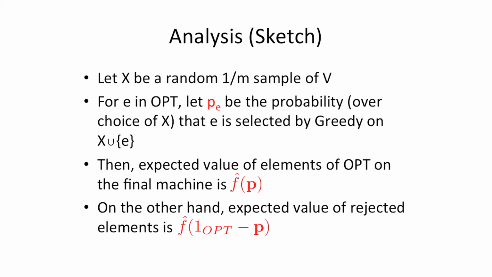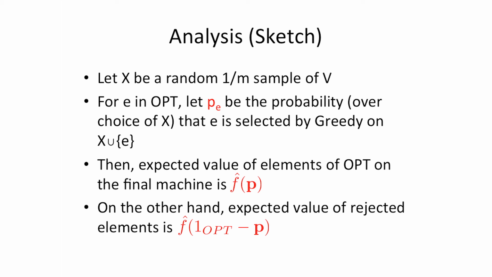So the expected value of opt in the last machine or in the final round is the Lovász extension on this vector P of probabilities. And on the other hand, all of the elements that we rejected, their expected value is the Lovász extension of 1 minus P. So it's the complement, because they were rejected with probability 1 minus P.